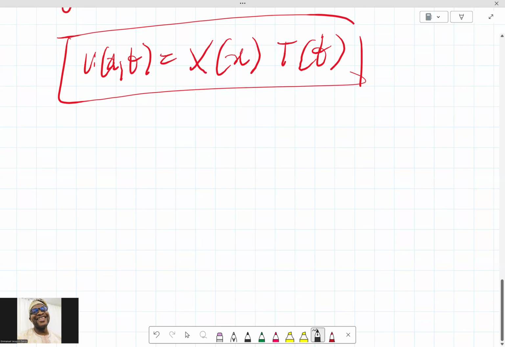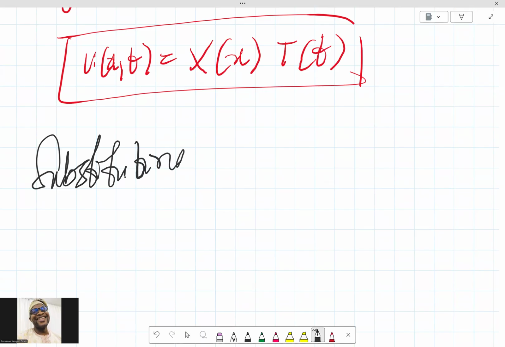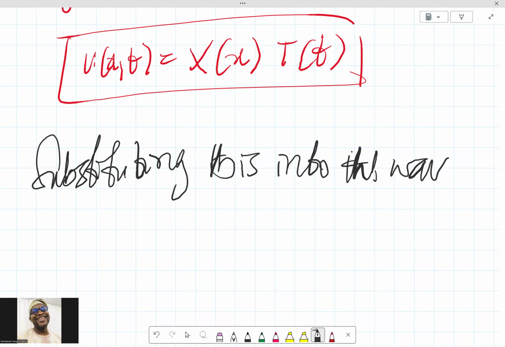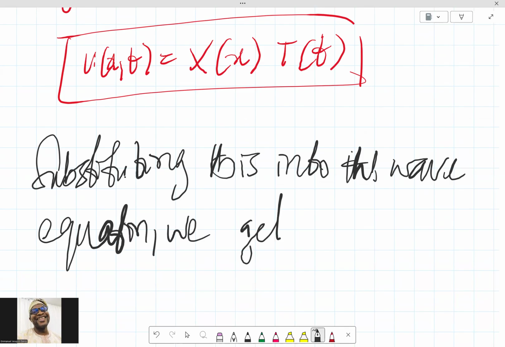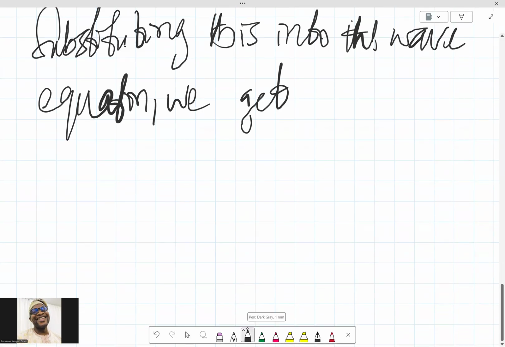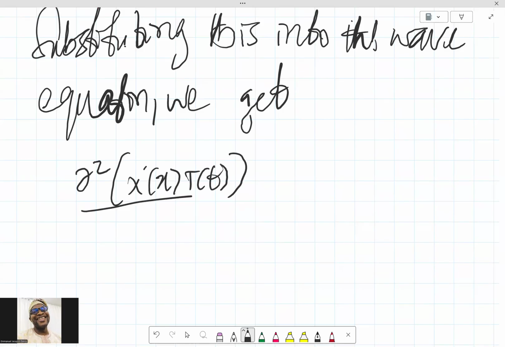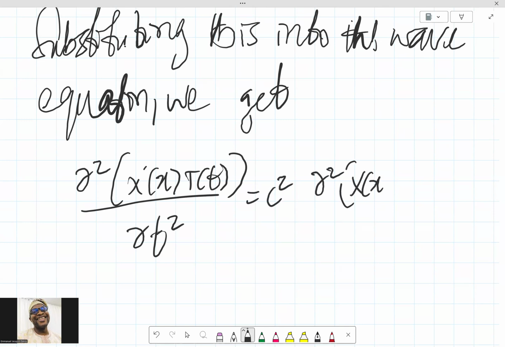So if we substitute this into the wave equation, we get partial squared of X of x T of t over partial t squared equals c squared partial squared of X of x T of t over partial x squared.